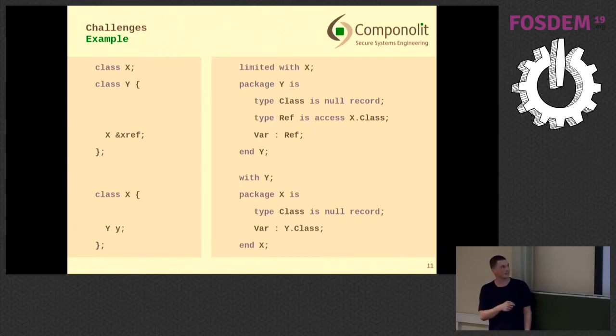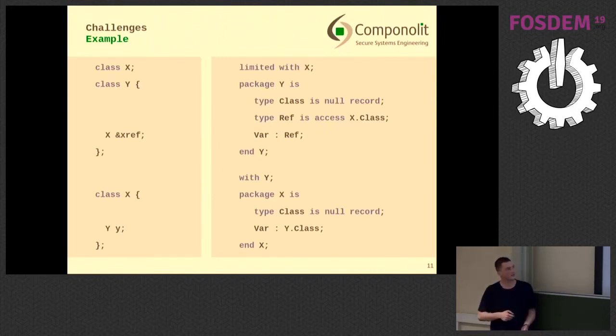In this case, we only have a reference, so we can fix this by a so-called limited with. Those are two files, so think of a line here, which divides those files. And this limited with gives us in Ada the possibility to do some kind of circular dependencies.